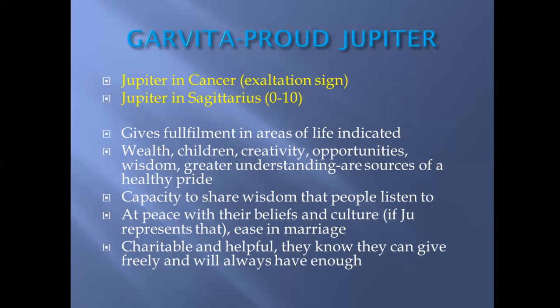So there's going to be wealth, children, creativity, opportunities, wisdom, greater understanding, and this is going to be a source of healthy pride for them. So they will not be boasting about their wealth or their creativity, their children. They will have a very healthy pride about it. They will also have a capacity to share wisdom that people listen to. And they will feel at peace with their belief system and culture as well.